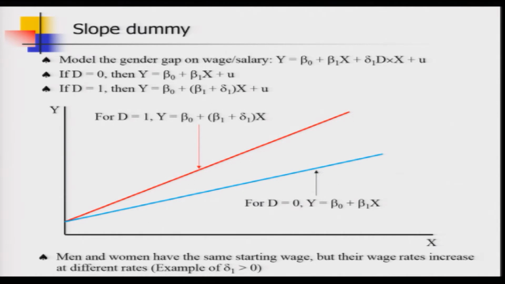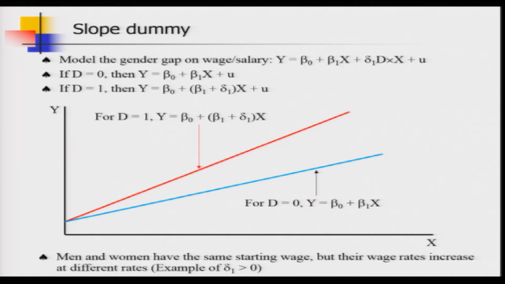Now we have a new entity in its place, delta 1 d times x. So, d times x is the interaction between the continuous variable x and the discrete dummy variable d, and delta 1 is the associated regression coefficient for the new variable that we have created by interacting a dummy and a continuous regressor.